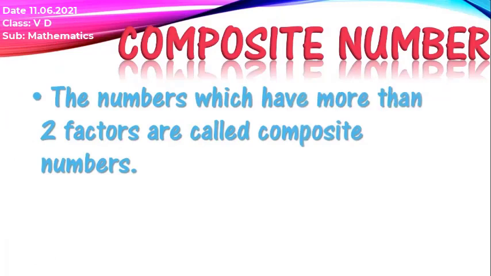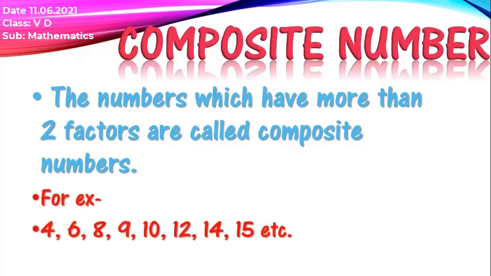The numbers which have more than two factors are called composite numbers. For example, 4, 6, 8, 9, 10, 12, 14, 15, etc.